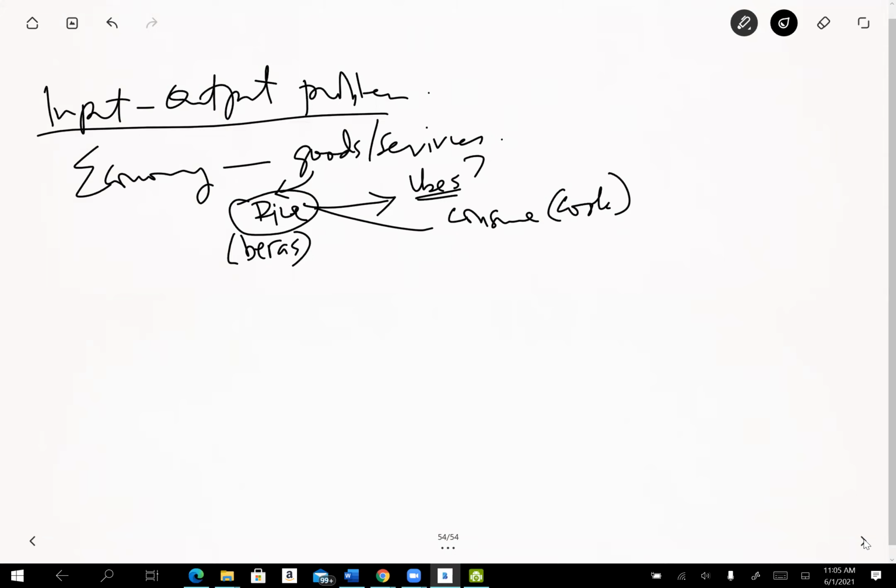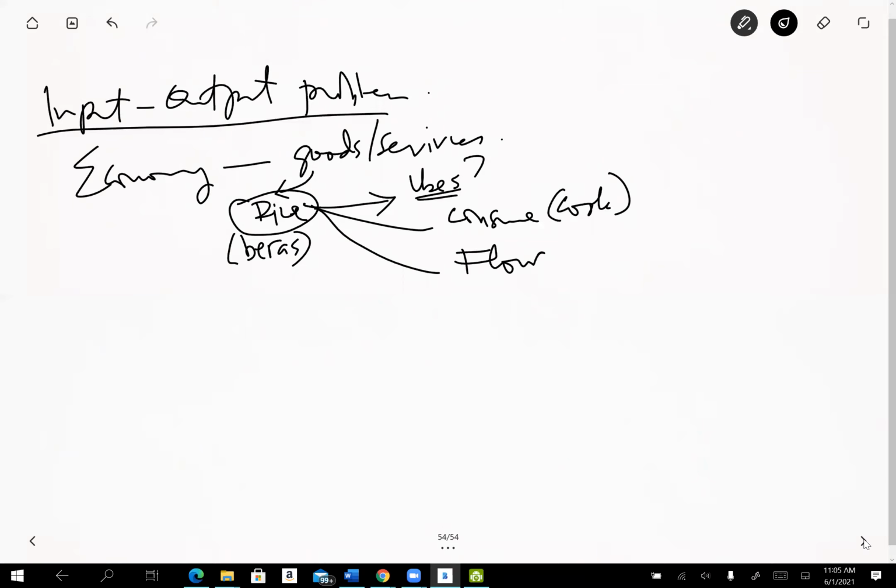Make flour. The other one is used to make flour. So this is the difference here.